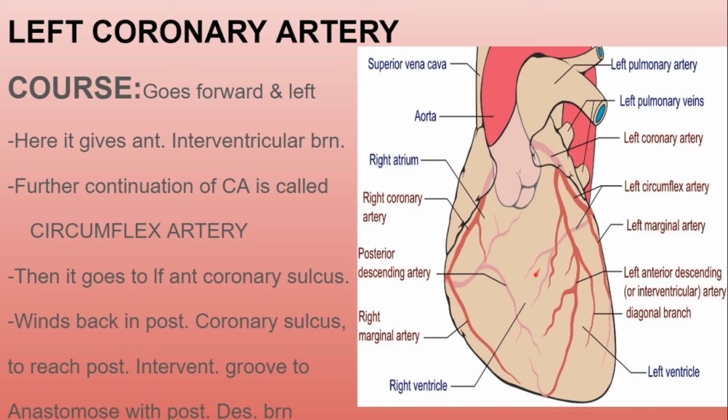From the anterior coronary sulcus, it will go to the posterior coronary sulcus. Near the posterior interventricular groove, as I told you before, it will anastomose with the posterior descending artery of the right coronary artery. Simple. So let's go through the diagram so it will be easier for you to understand.